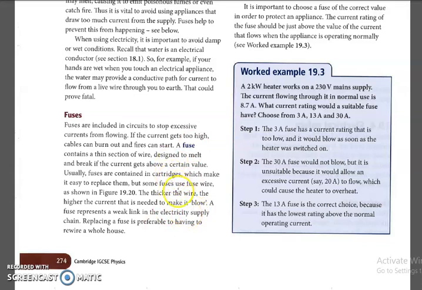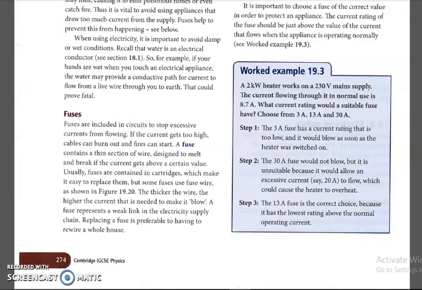Usually fuses are contained in cartridges, which makes them easy to replace, but some fuses use fuse wire as shown in figure 19.20. The thicker the wire, the higher the current needed to make it blow.